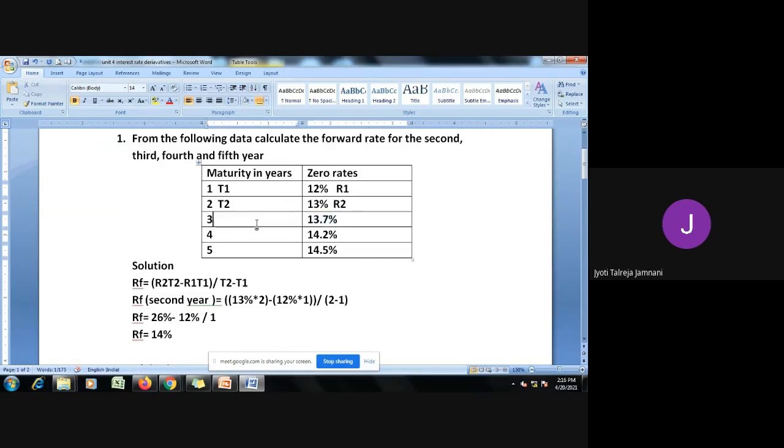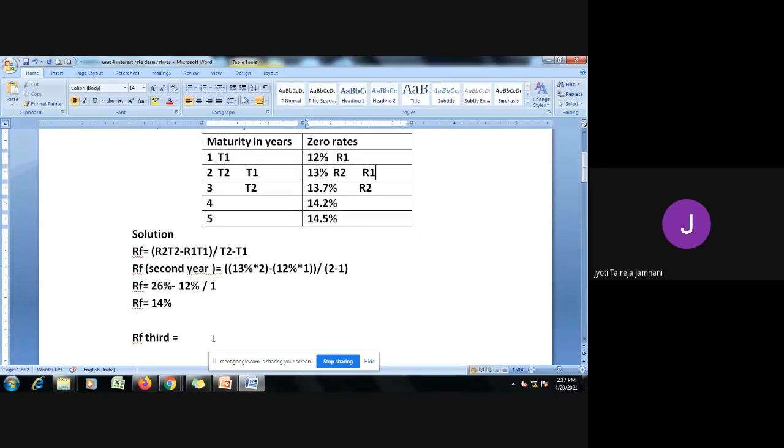So for the third year, this is T2 and the second year will become T1. Are you getting it? Yes, ma'am. Then the third year is R2 and the second year will become R1.